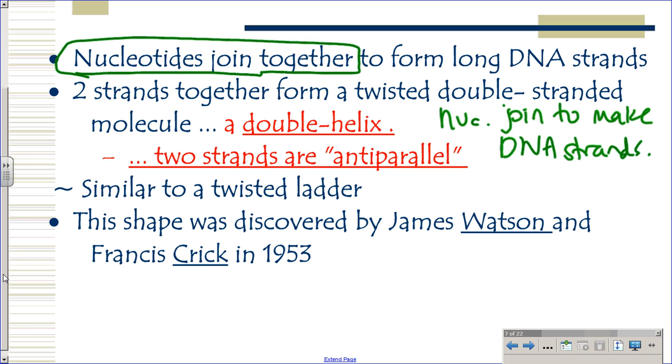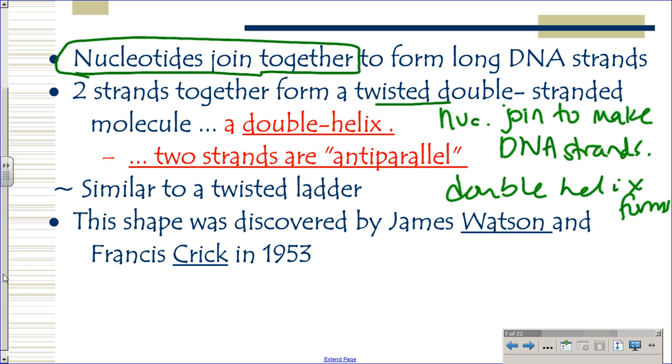Because instead of writing out every single word on the slide, you get to create your own notes. And that's just you summarizing by reading first, listening to what I say, writing down what I say. Okay? Nucleotides join to make DNA strands. And then double helix forms. That's pretty easy, pretty good. And the double helix, if you want to write some more information, you need to know that it's twisted.